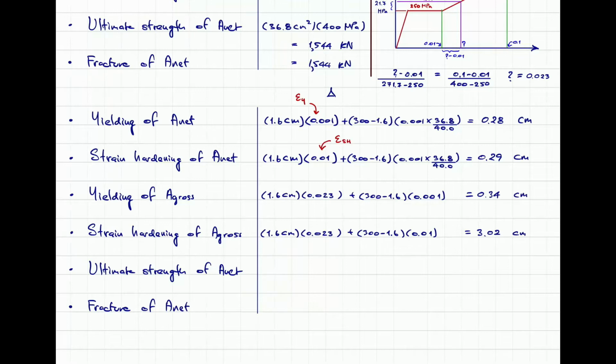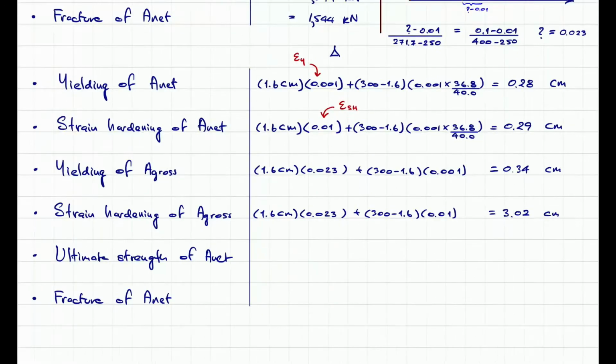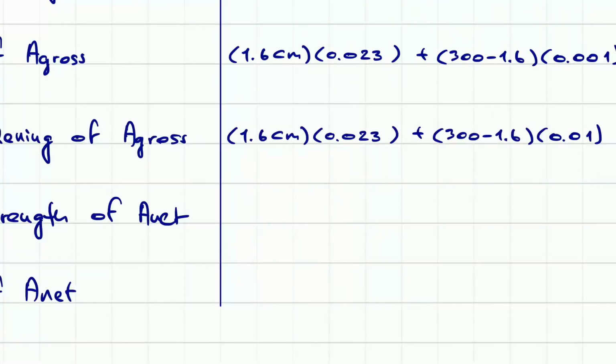And then we move to the next step. The next step, your A cross will be in the strain hardening, whereas your A net is experiencing the maximum, the ultimate strain. So 1.6 centimeters multiplied by 0.1.